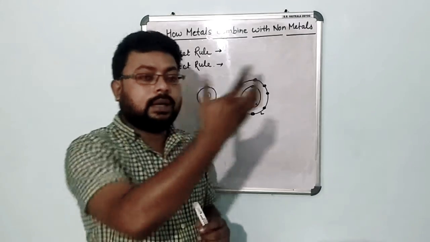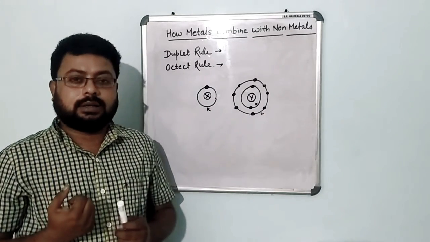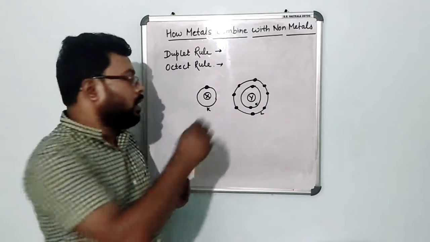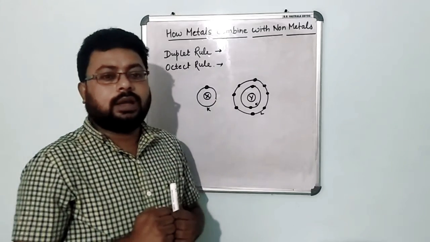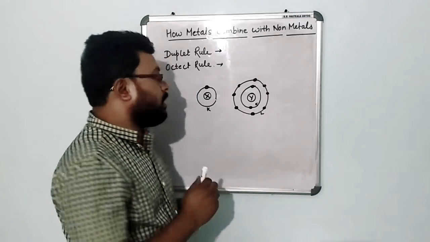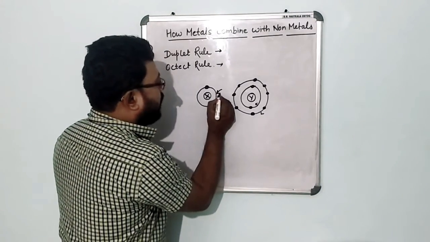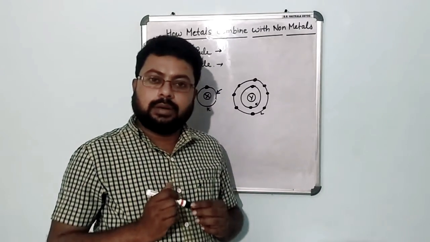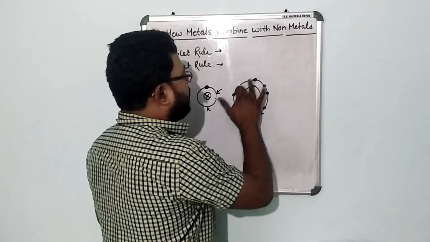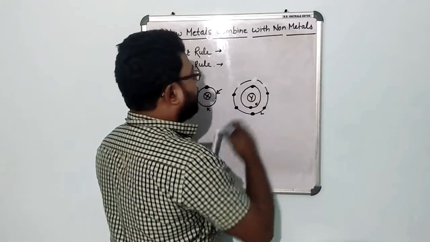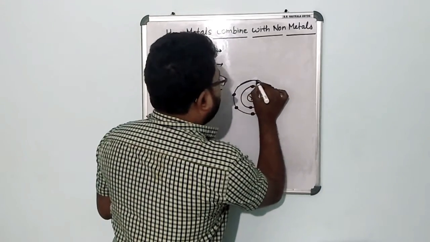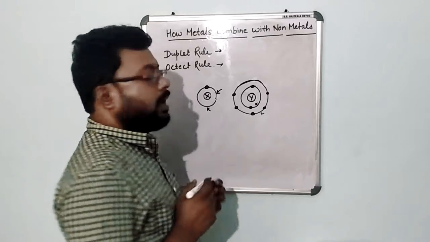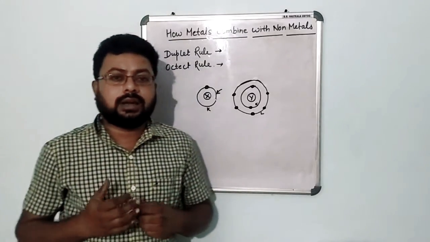The other way is that you attract electrons, take an electron and place it inside, or the element should attract one electron and take it. That way it will become stable. The same applies here also. Suppose there are 3 electrons less in this particular shell, then the atom will be very unstable.